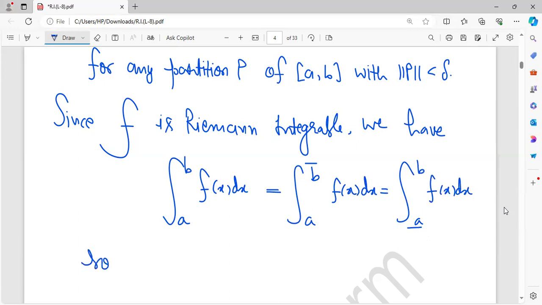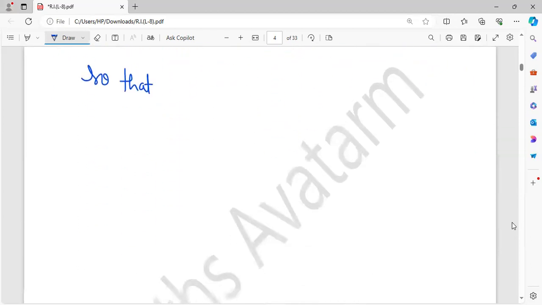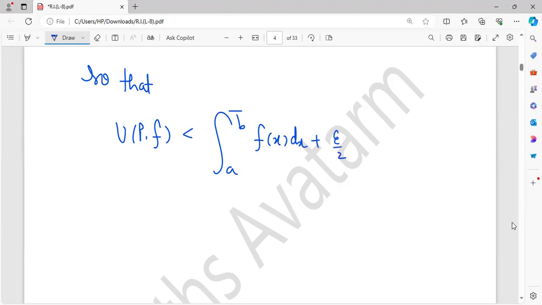So what we have is U(P,f), which was less than the upper integral plus epsilon by 2, and the upper integral is nothing but the integral of f from a to b.